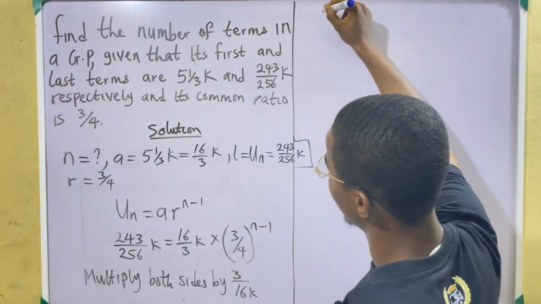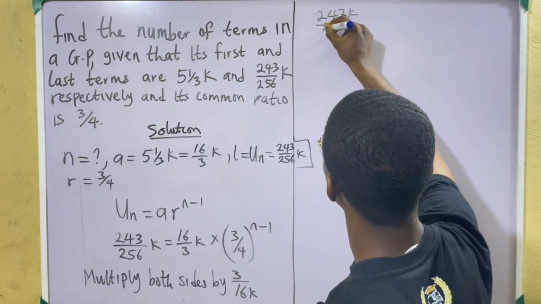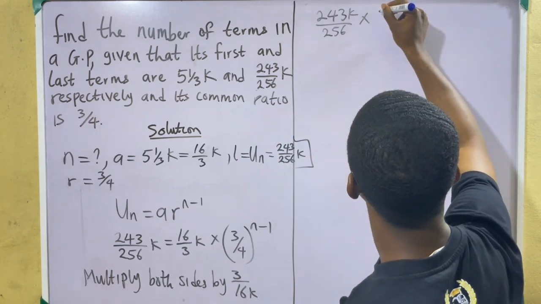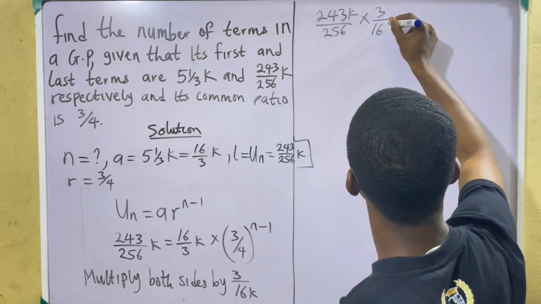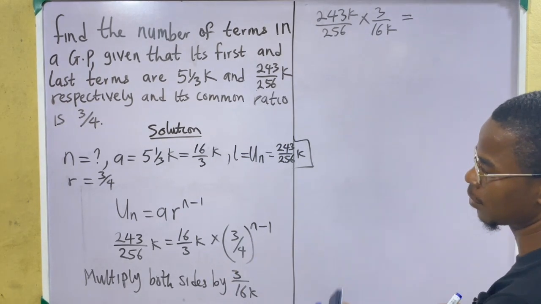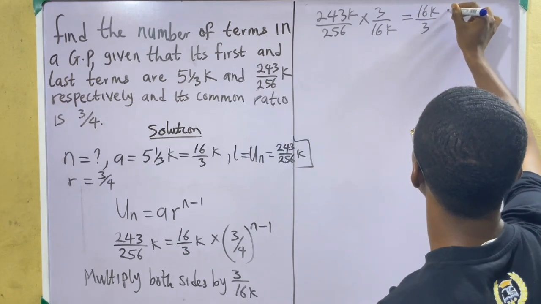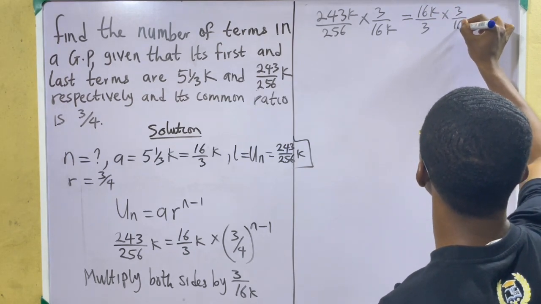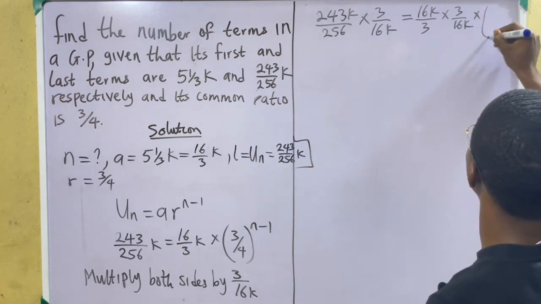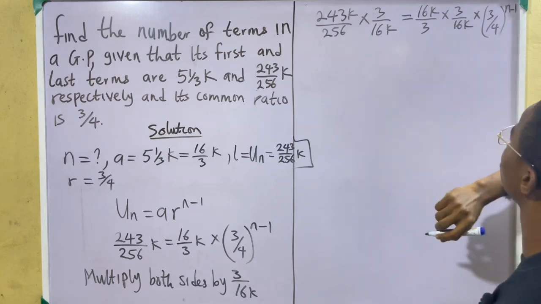So we have here 243k all over 256 times 3 over 16k equal to, on the other side, that's the right hand side, we have 16k over 3 times 3 over 16k. Then multiplying our common ratio, 3 over 4 to the n minus 1.